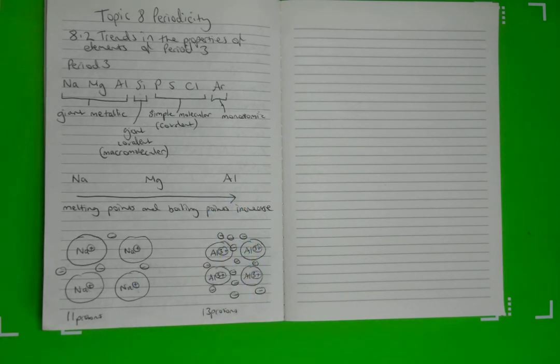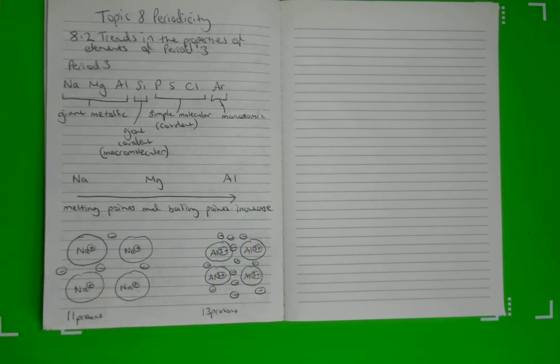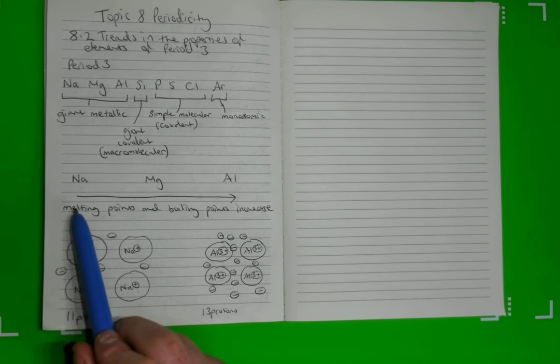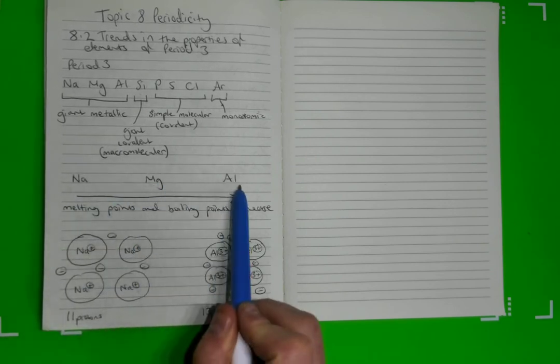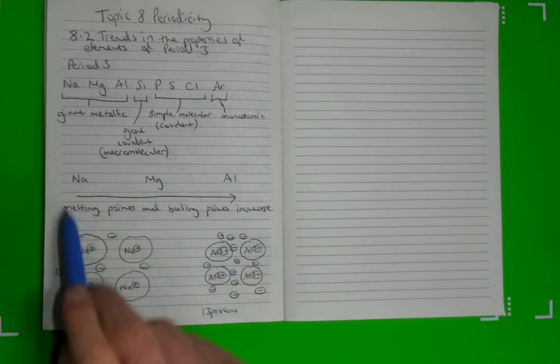So, let's now explain why sodium has got a lower melting point than aluminium, or why aluminium has got a higher melting point than sodium. And we could do the same thing for magnesium and sodium, or magnesium and aluminium. We could do any comparison here. So, let's look at why aluminium has got the highest melting point out of those three.